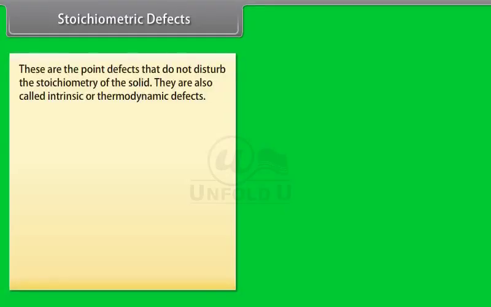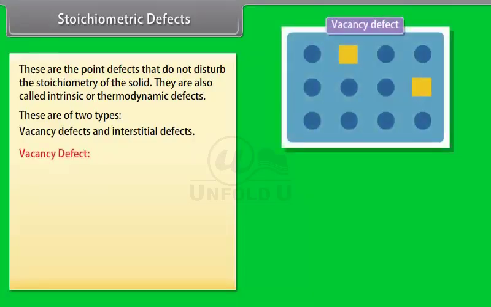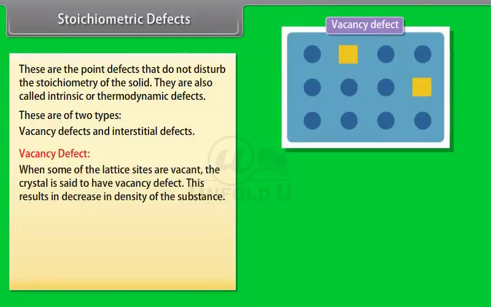Stoichiometric defects. These are the point defects that do not disturb the stoichiometry of the solid. They are also called intrinsic or thermodynamic defects. These are of two types: vacancy defects and interstitial defects. 1. Vacancy defect. When some of the lattice sites are vacant, the crystal is said to have vacancy defect.